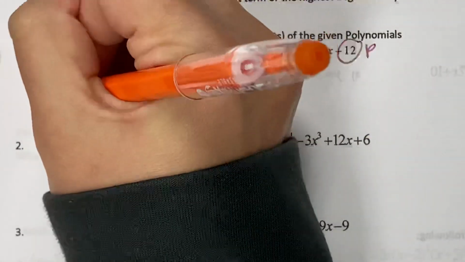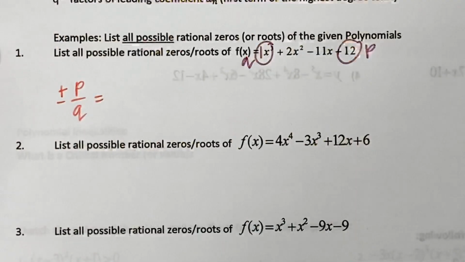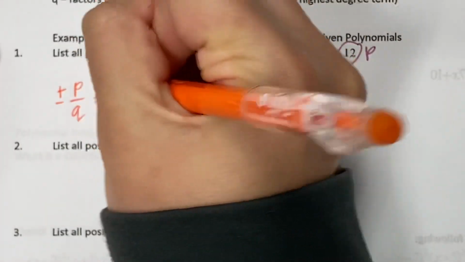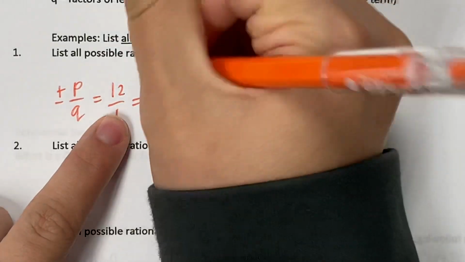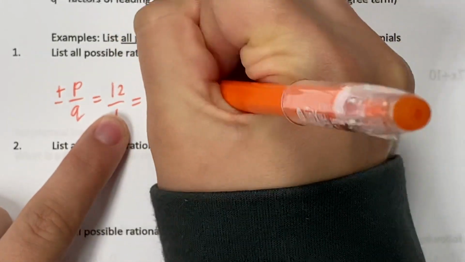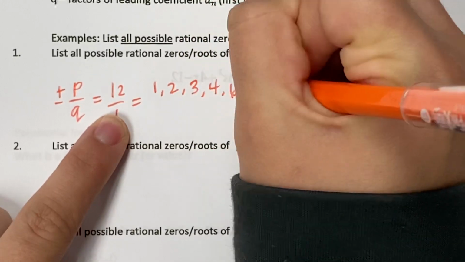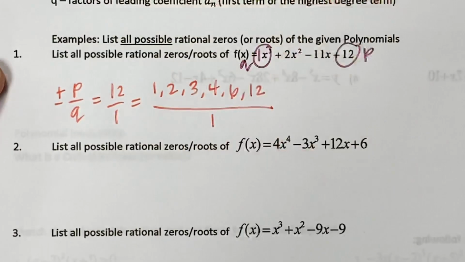So it's going to be plus or minus P over Q. Since P is 12 and Q is 1, now we're listing the factors. The factors of 12 are 1, 2, 3, 4, 6, and 12, over the factors of 1, which are 1.